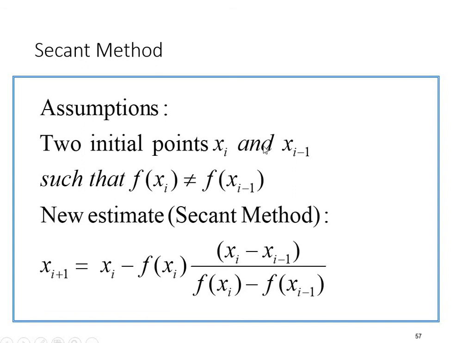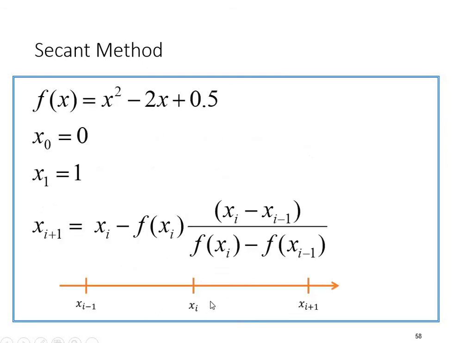There are two initial points, and f of x_i should not be equal to f of x_{i-1}. Otherwise, the denominator will give you 0 and the whole expression will be undefined.